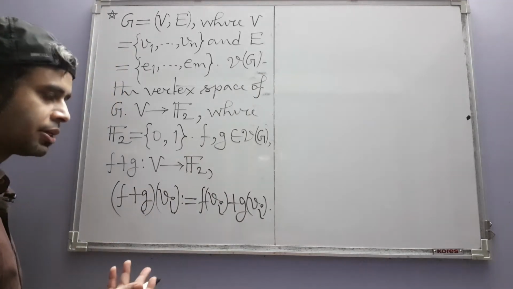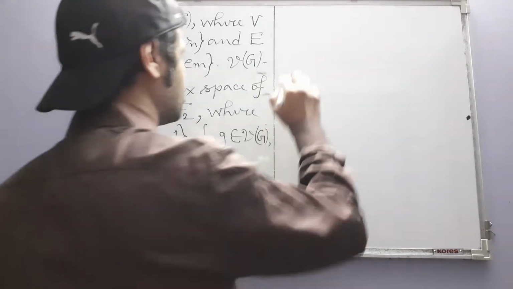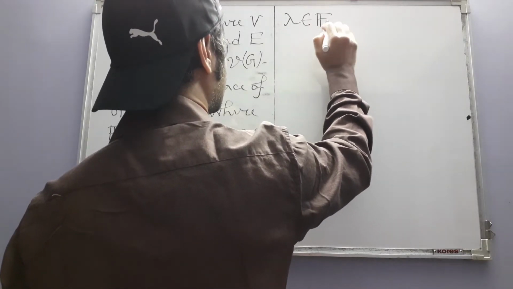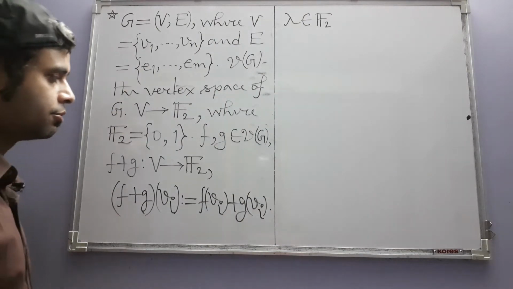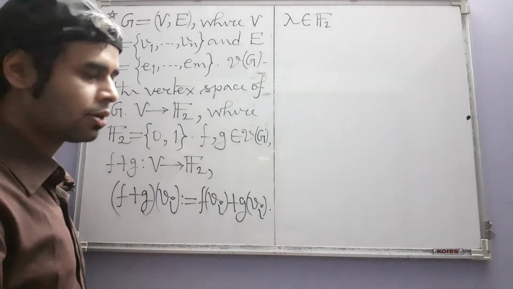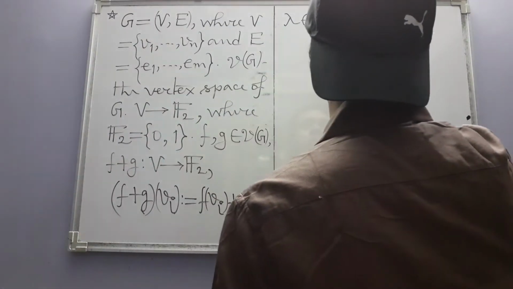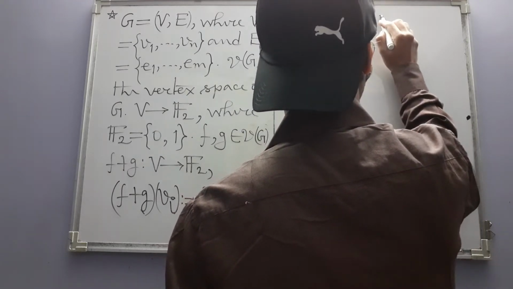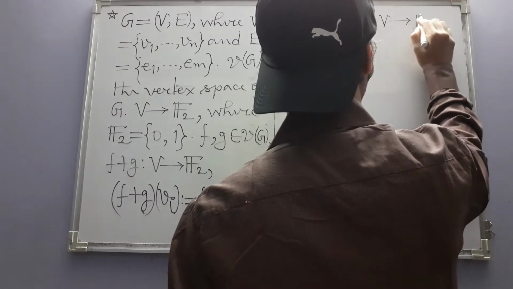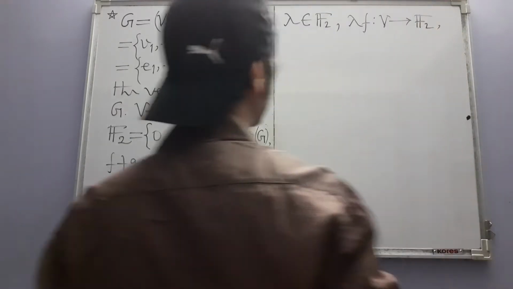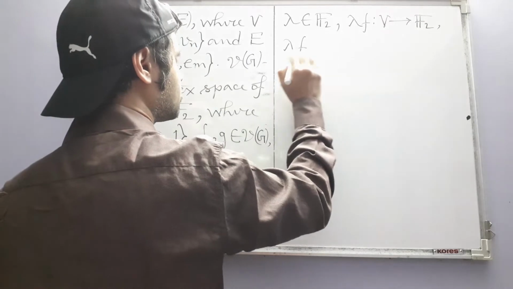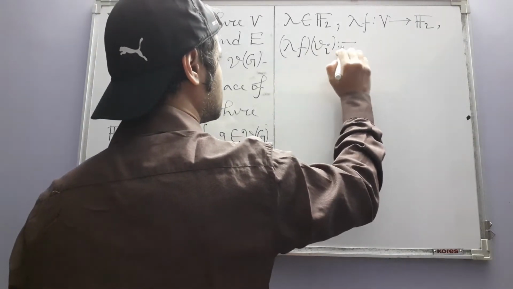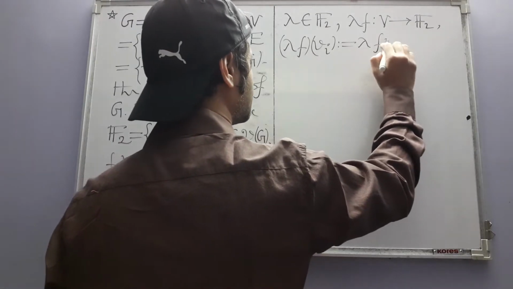Similarly, we have multiplication by a scalar. Say you consider a scalar lambda in F2, which of course will either be 0 or 1. Then you can define lambda f to be that function from V into F2 which maps Vi onto lambda times f of Vi.